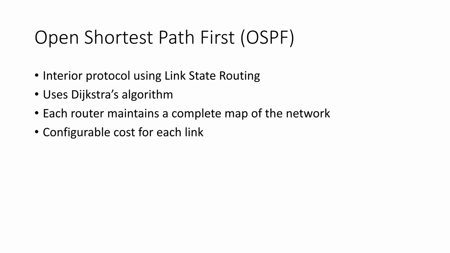It uses Dijkstra's algorithm to calculate the shortest, or rather the best, path to every destination. What's unique about OSPF is that instead of hop count, each link has a configurable cost value, which can reflect bandwidth, delay, or any other metric the network admin chooses. This allows for far more optimized routing decisions, especially in complex and multi-link environments.